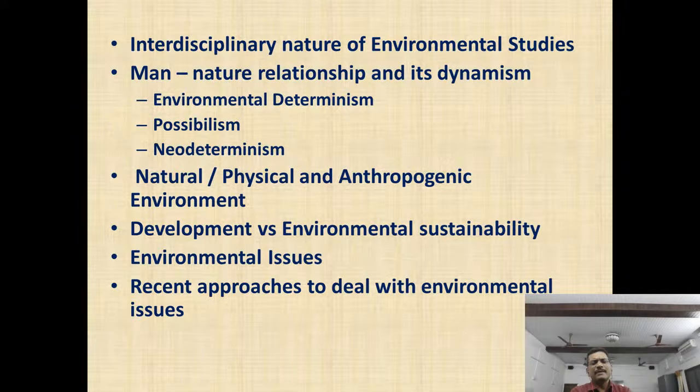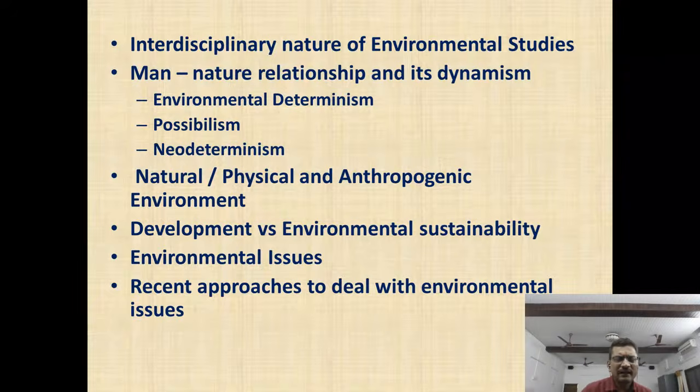In recent times, with the development in technology, environmental issues are dealt with by human beings in a different manner. We now have various technologies like remote sensing, GIS, GPS, tracking devices, navigation systems, and various advances in physics and chemistry to do different kinds of lab experiments.